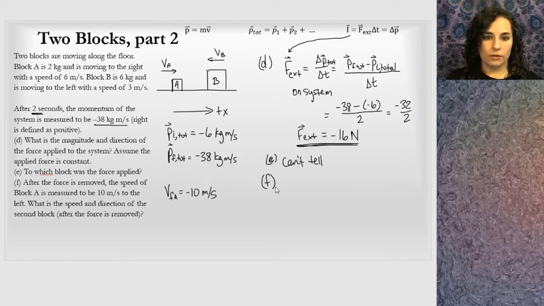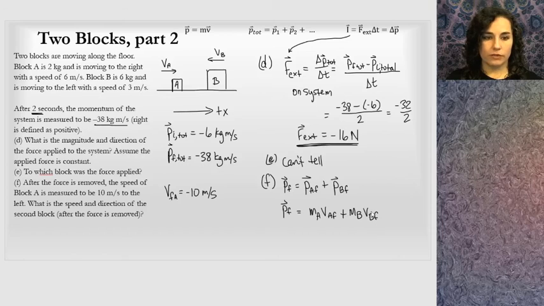So let's do this. The final momentum has to equal the momentum of A final plus the momentum of B final. And I can write this out more. We know the momentum final for the system. It is negative 38. The momentum of A is going to be mass A times V A final, which we know, and we know the mass of A, plus the mass of B times VB final.